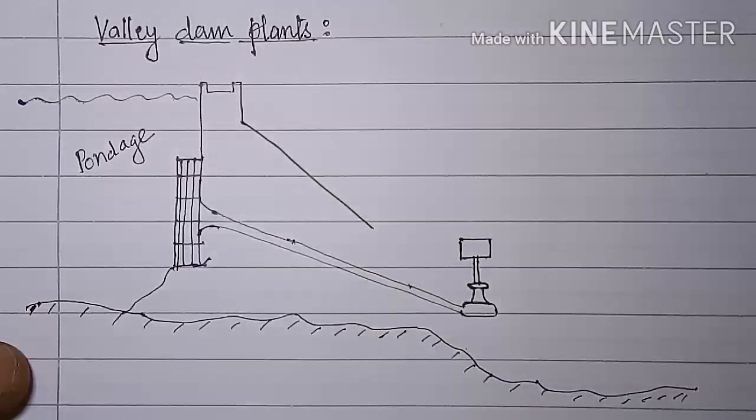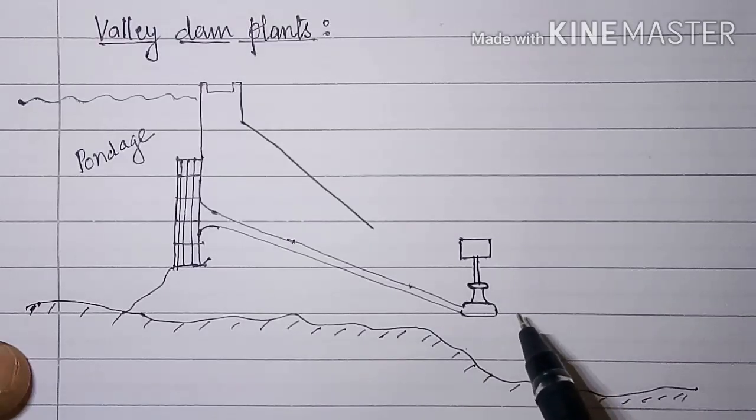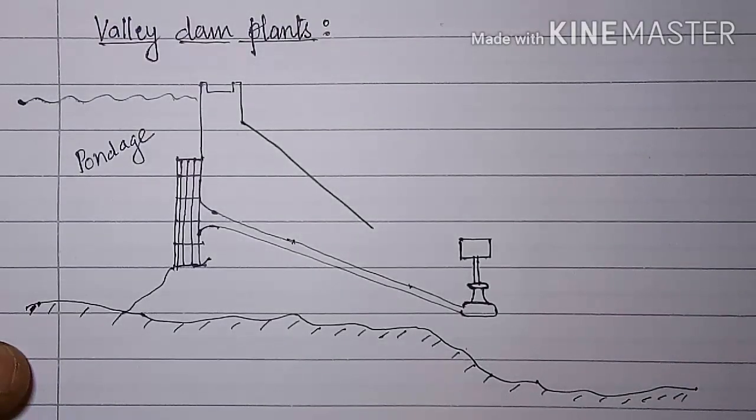If turbine is damaged, we have to stop the power plant and repair the turbine. That means the power plant cannot produce the power continuously. So there will be interruption of power to the user.